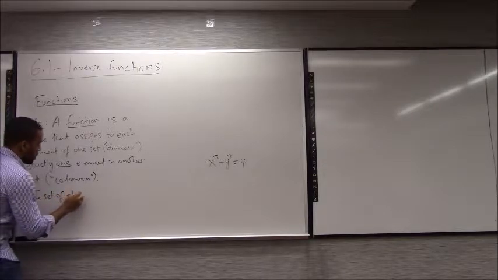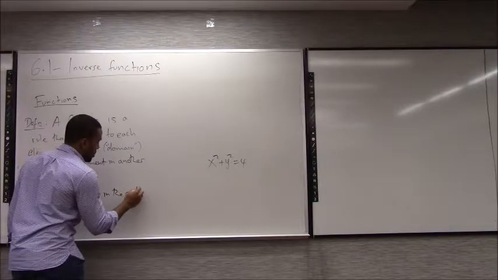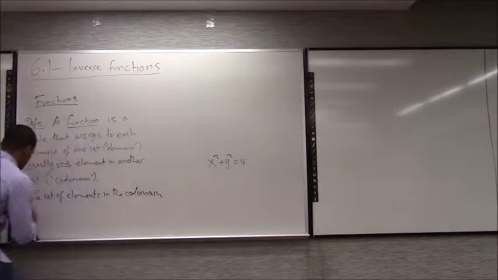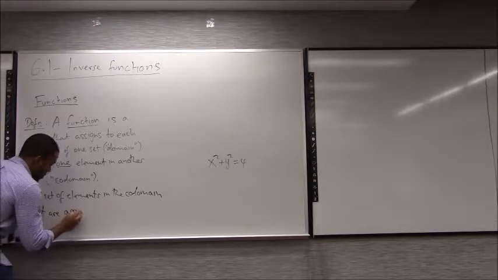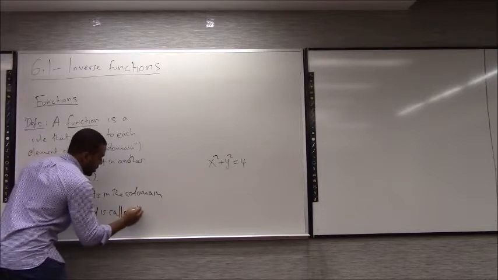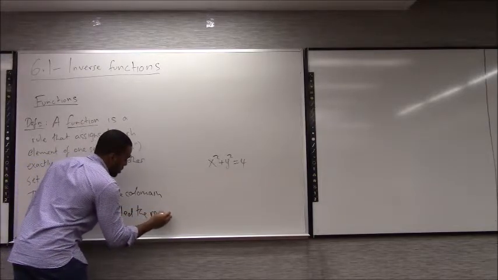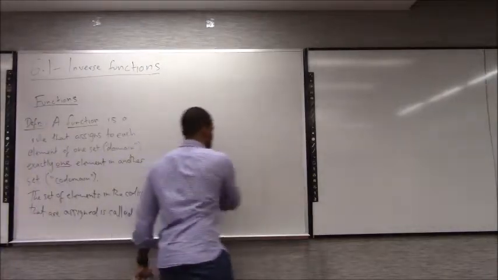The set of elements in the codomain that are assigned is called the range. Conceptually, this will be important for us to understand, especially when we're talking about inverse functions.